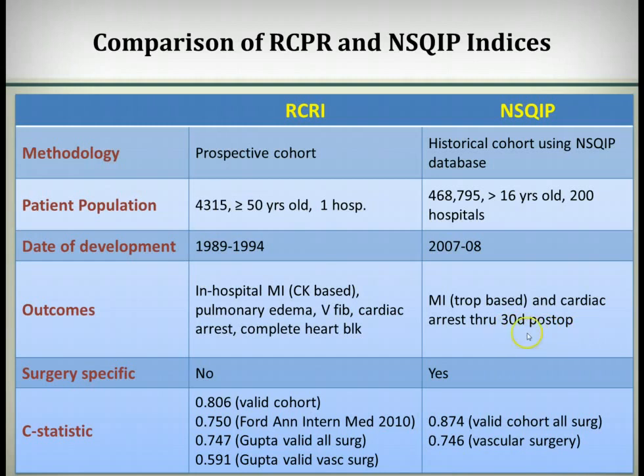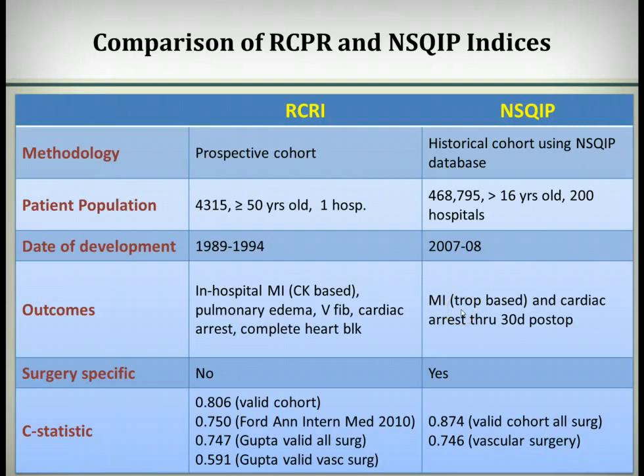Now, there's a difference also in how MI was identified. In the Lee criteria, this was CK-based, but it was also done prospectively. So patients, each day they were in the hospital, had CK determinations to look for myocardial infarction. This is important because many post-op MIs are silent and will be missed if you only rely on patient symptoms, which is what was done in the NSQIP database.